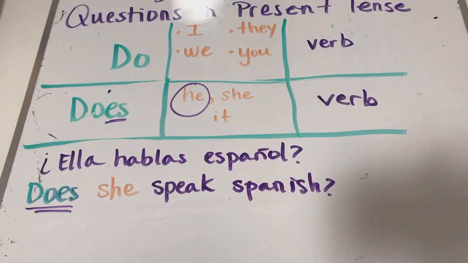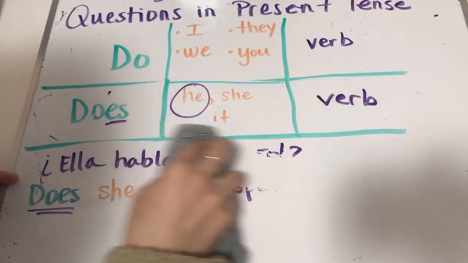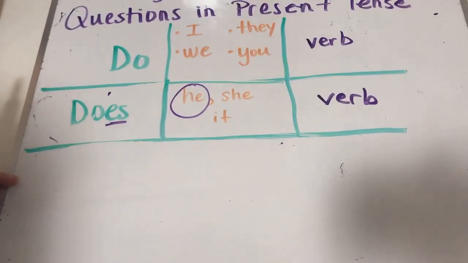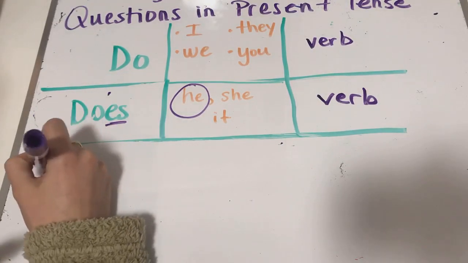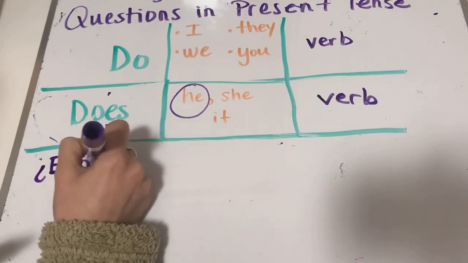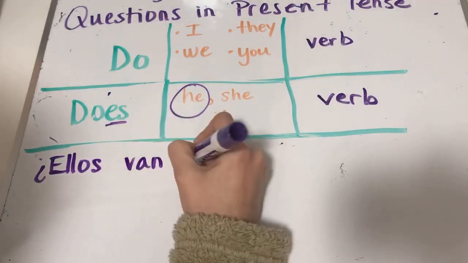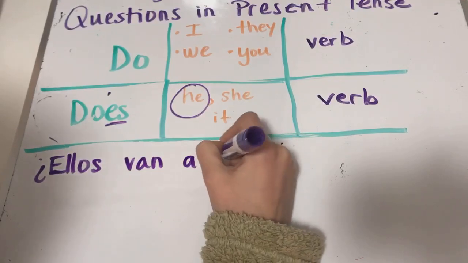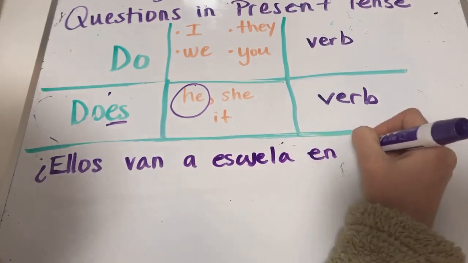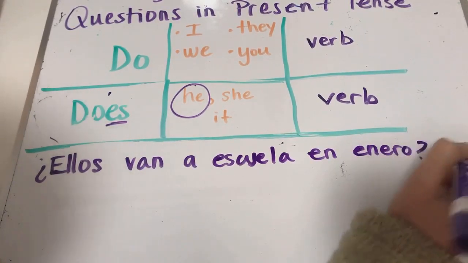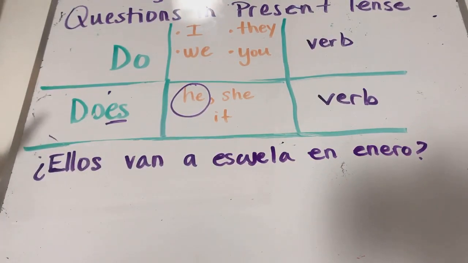And now we can do a little practice with deciding which question word to use. So for example, the sentence is, ellos van a escuela en enero. Okay. So first we have to say who, quién, who is the subject? ¿Quién es el sujeto in this sentence?